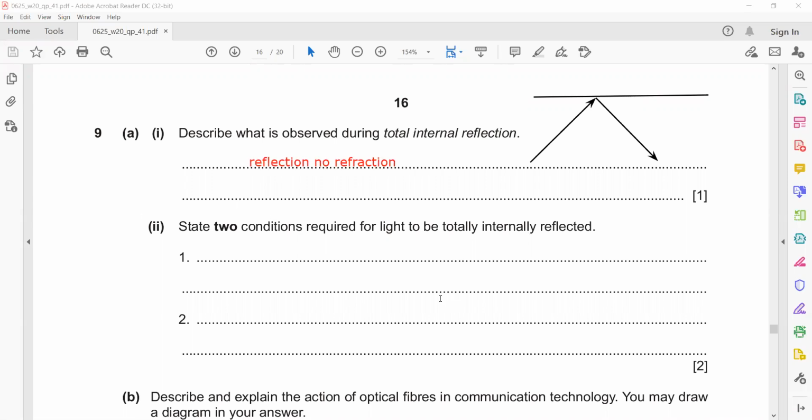Two conditions are required for light to be totally internally reflected. The angle of incidence should be greater than the critical angle, and the light should be in a denser medium, or light should strike a boundary of denser to rarer medium.